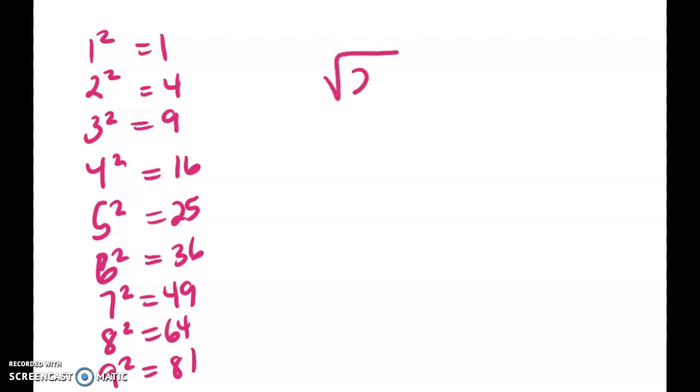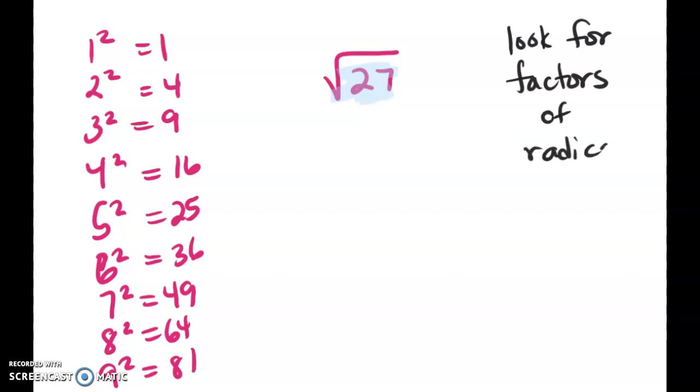And so if I look at the square root of 27, I want to look at the radicand. We talked about the parts of the radical expression, and the 27 is the radicand. I'm going to write this down: look for the factors of the radicand, in this case 27, that are on this list.